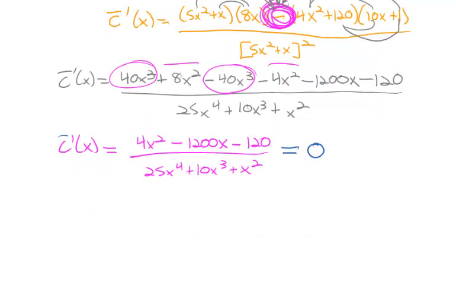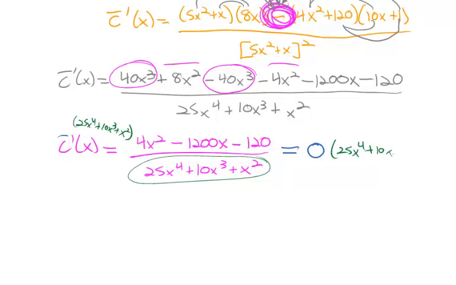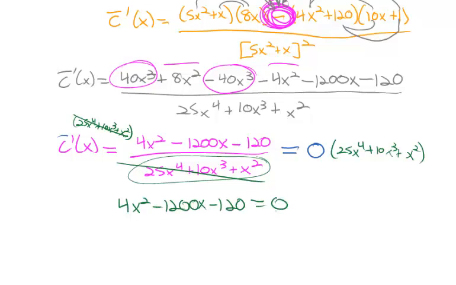The nice part about a fraction is if we multiply both sides by the denominator, when one side is equal to 0, it divides out of the left side, and the right side, 0 times anything is 0, so we really have 4x squared minus 1200x minus 120 equals 0.